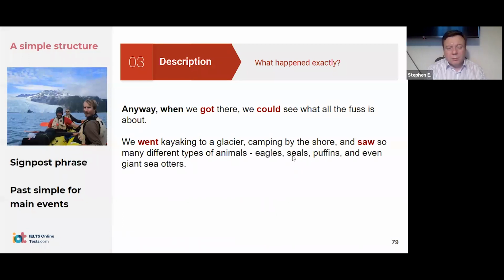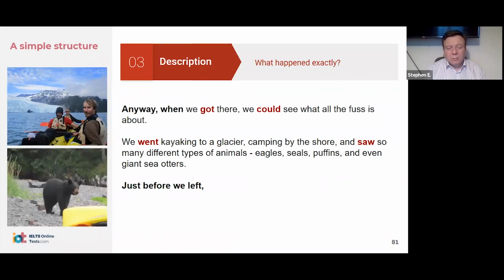And then the wildlife that we saw, so different wildlife, sea otters, seals, puffins, eagles. Okay, good. Just before we left, so what happened? A bear, what? Came, okay, good. And what did you have to do?